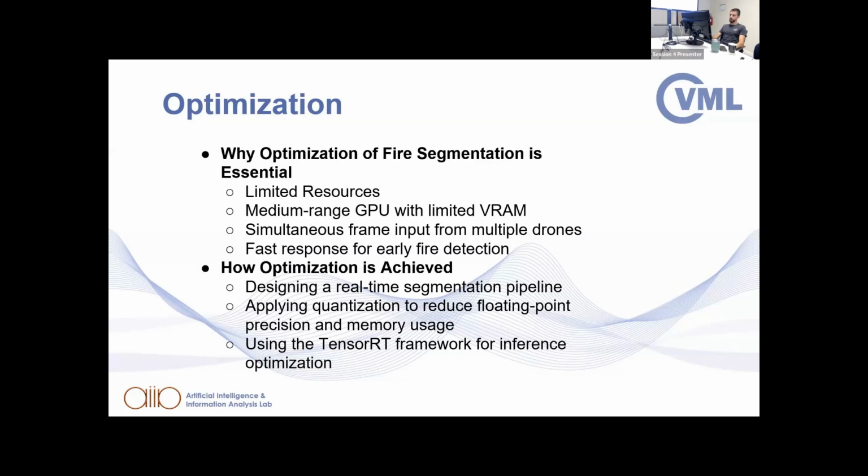Base stations and drones typically have medium-range GPUs with limited memory. In addition, the base station in the field may receive concurrent information from multiple drones, so it should process multiple images from multiple drones, cameras, and modalities.